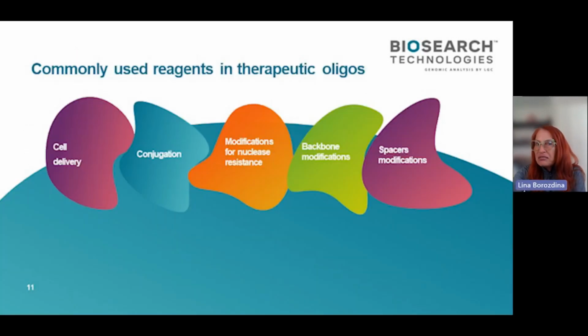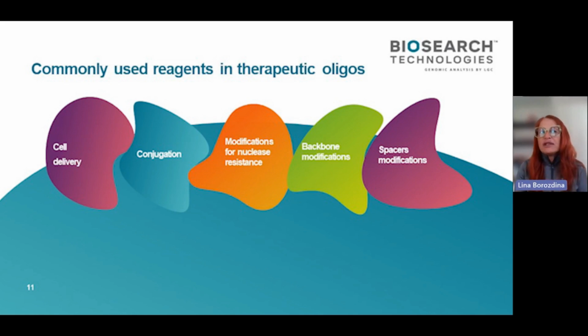There is also a big application for therapeutic oligos. Those of you who are in the siRNA world or the ASO world, which is antisense technology, it's quite a wide field of applications with a lot of different modifications.